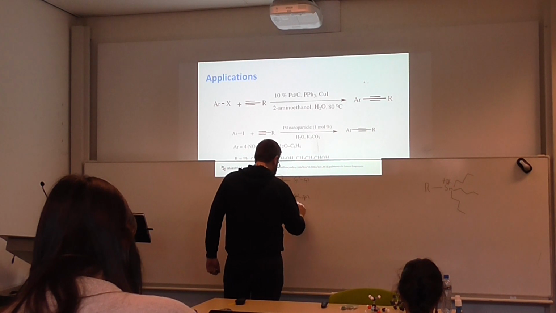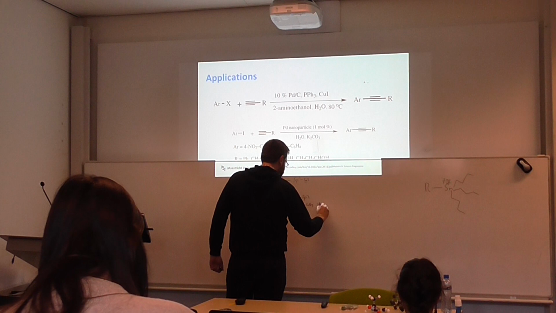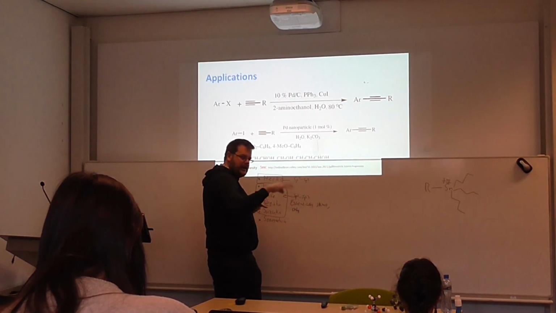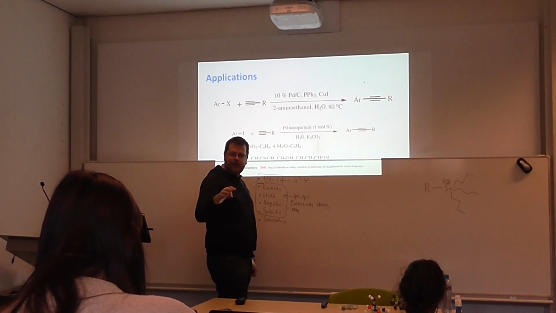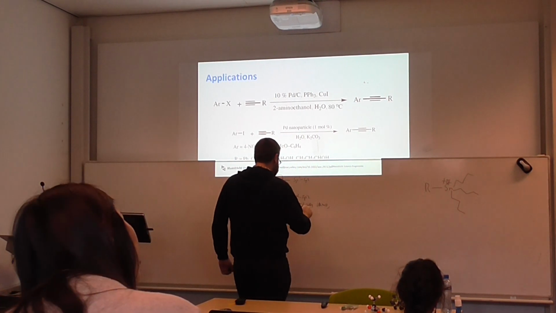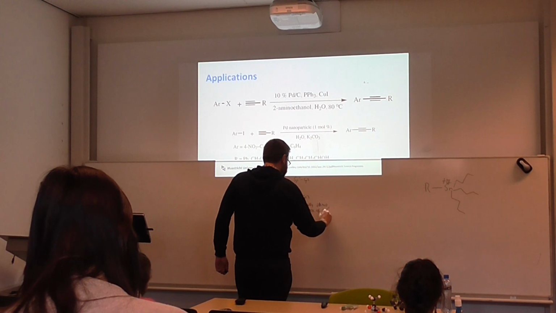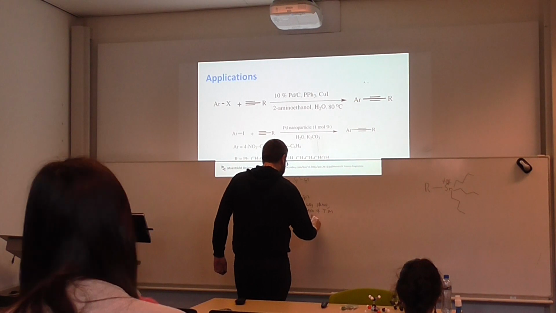Essentially the same, only difference, and I'm stripping this down. I mean, there are some mechanistic differences like we just saw with the Stille coupling, but if you strip it down to basic fundamentals, it's essentially the same, only the choice of the transmetallating reagent is different.